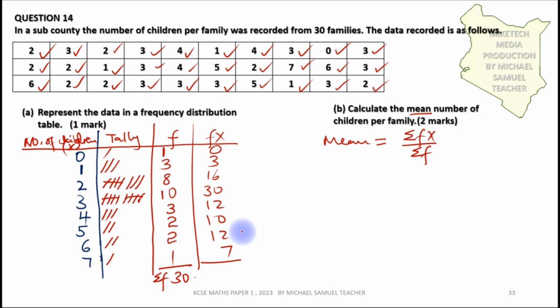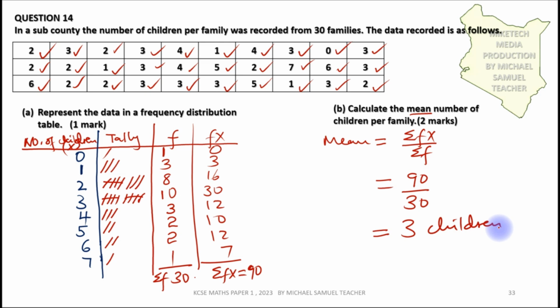So if we add all the totals, we should be able to get 90. Therefore the mean will be sum of fx, which is 90, divided by sum of f, which is 30. So the mean number of children in a family is 3 children.